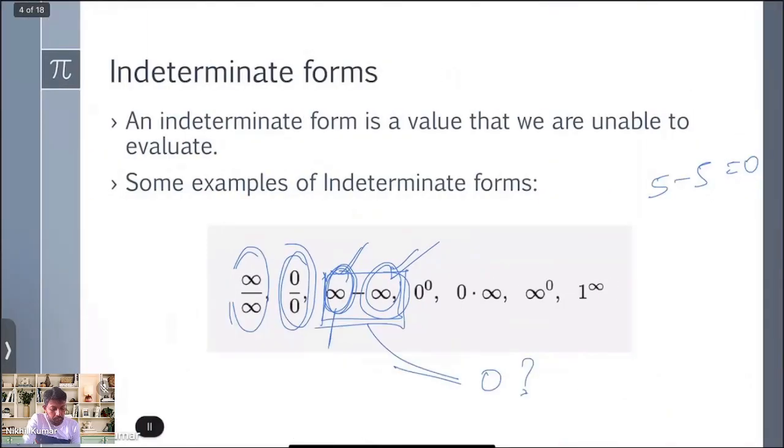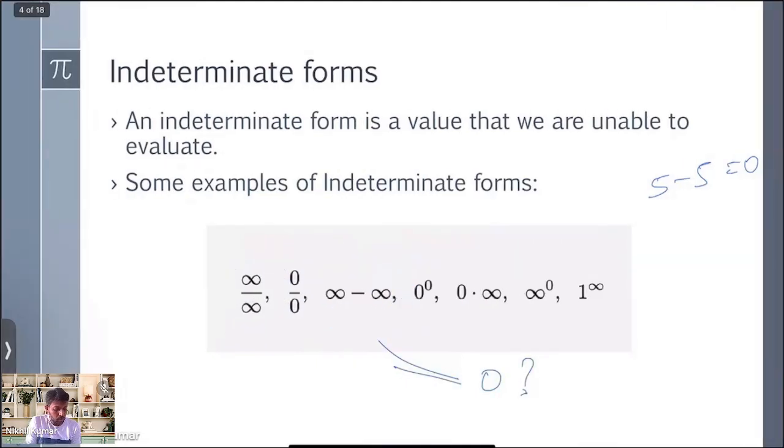Moving on to the other indeterminate forms, let me quickly wipe the screen so we can start fresh. There are some more indeterminate forms like 0 to the power 0. Now, we've studied before that any positive number, any whole number, natural number, or integer, when raised to the power 0, gives you 1. But 0 raised to the power 0 cannot be 1.